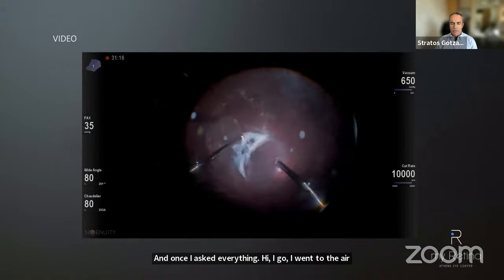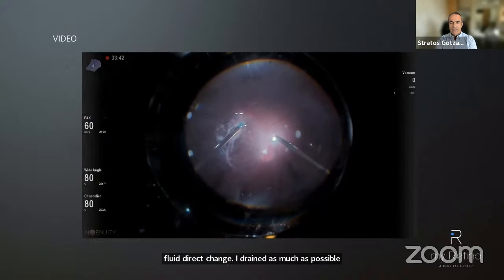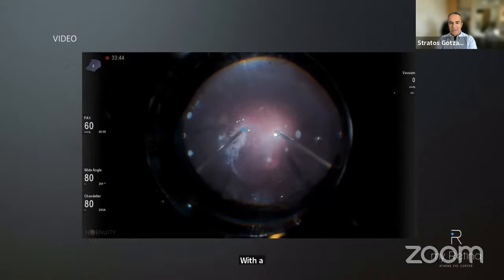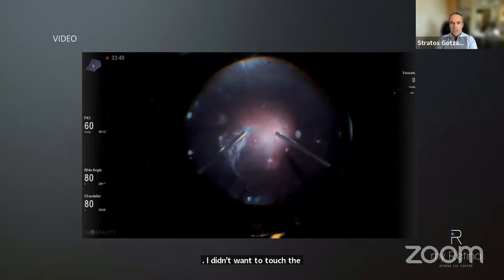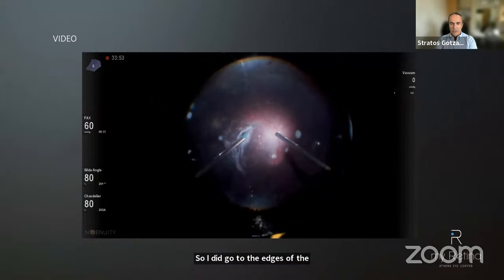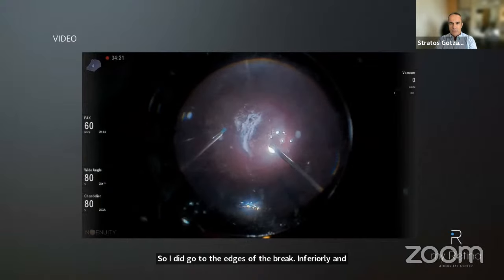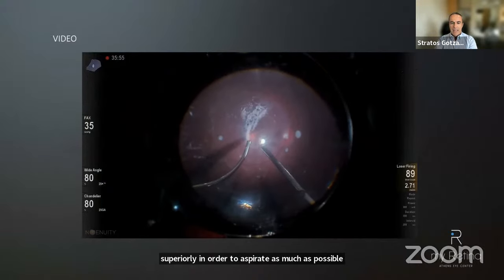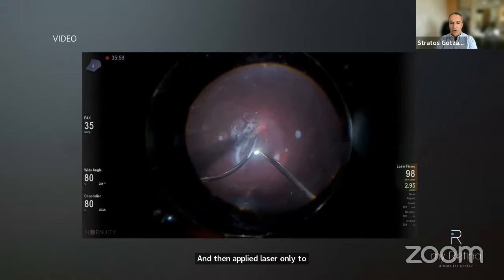I drained as much as possible with a soft tip cannula to the edges of the break, not to the central part. I didn't want to touch the macular area, so I went to the edges of the break, inferiorly and superiorly, in order to aspirate as much as possible subretinal fluid, and then applied laser only to the two corners of the break.